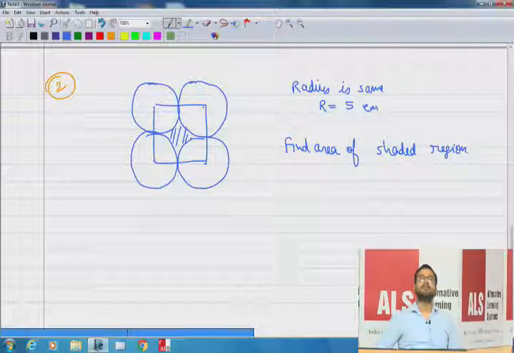Shillong Center, what are you doing, all of you? Solve this question. And can you please all of you sit in the front row?